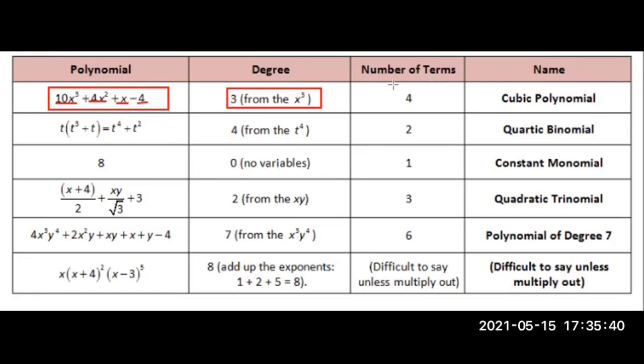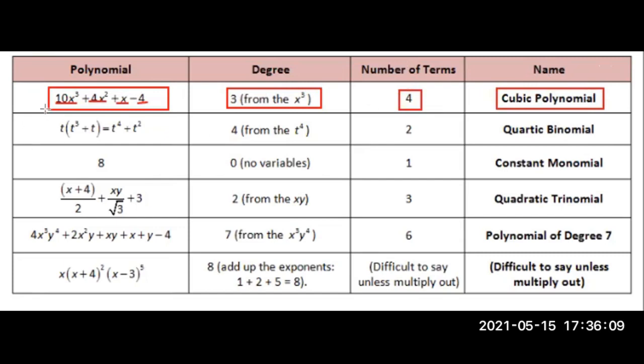That means number of terms is 4. So we can call that our cubic polynomial. Cubic refers to the degree, and polynomial we know is any expression containing terms.